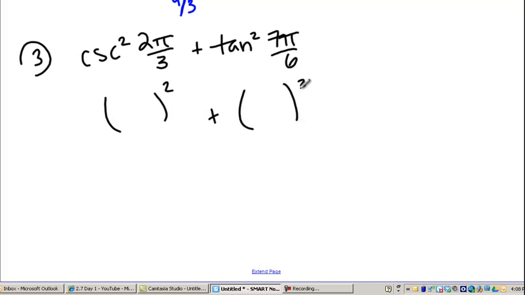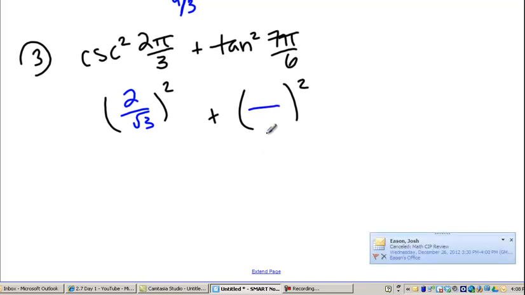So again, it's not as bad as what this looks like. Okay? Remember, cosecant is the inverse of sine. Okay, look at your unit circle. What is the inverse of sine of 2 pi over 3? If you said 2 over the square root of 3, you are correct. Okay?